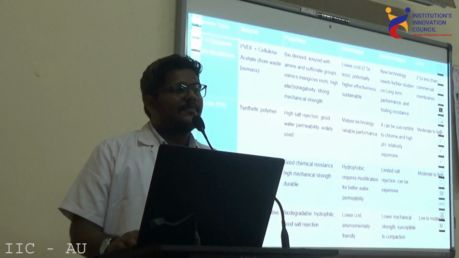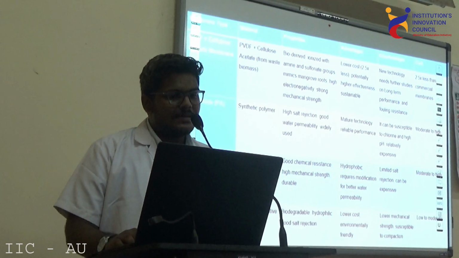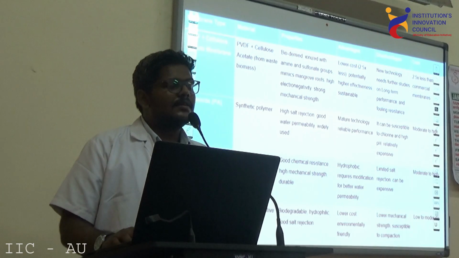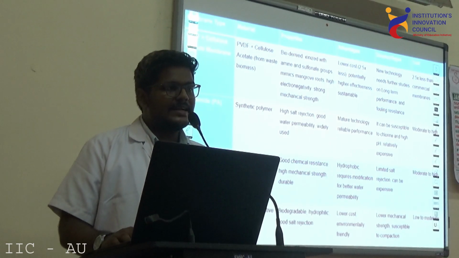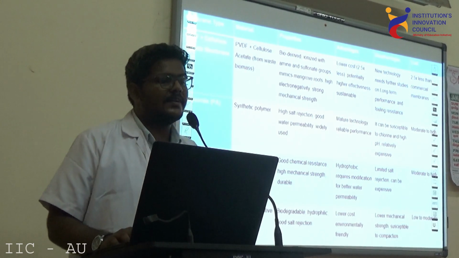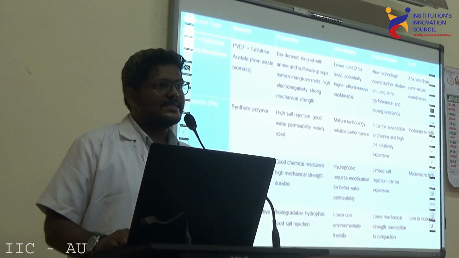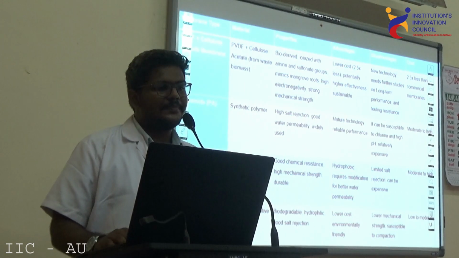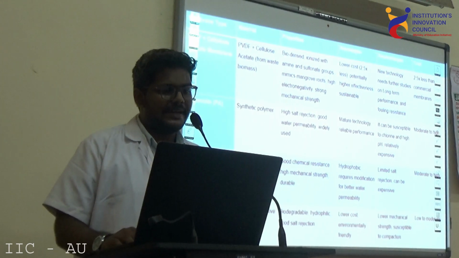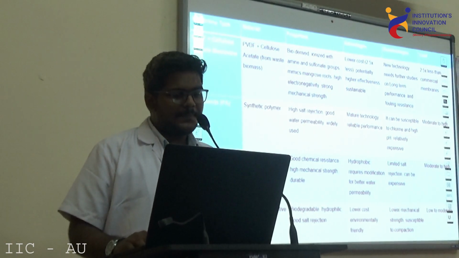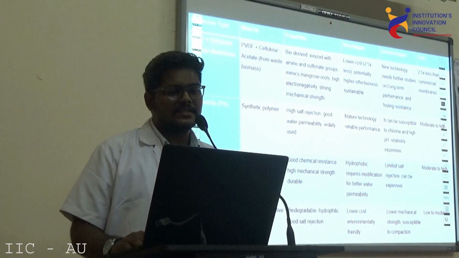The advantage of our membrane is that it is low cost, about 2.5 times less than the commercial membrane. For instance, the membrane which is used in seawater reverse osmosis by Dow Chemical costs around 50,000 rupees, but the membrane we prepared costs only 16,000 rupees.